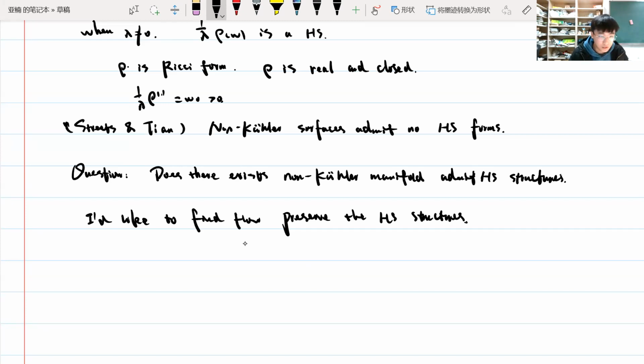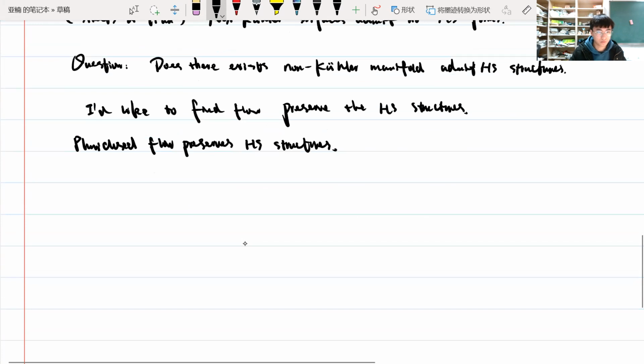Very fortunately, we observe that pluriclosed flow preserves Hermitian symplectic structures. We do some explanation for, maybe we write it as a theorem.